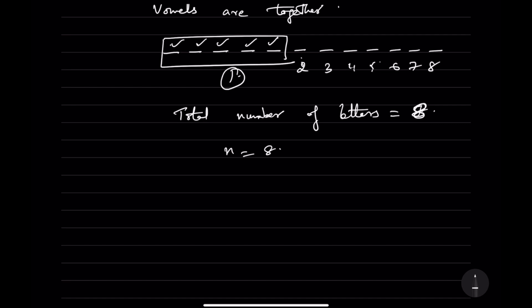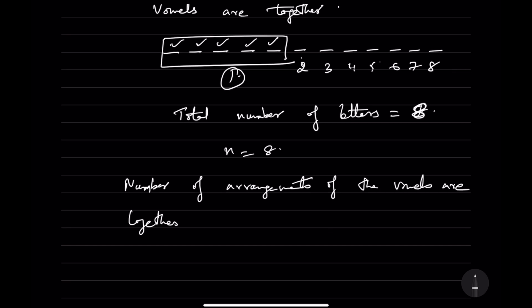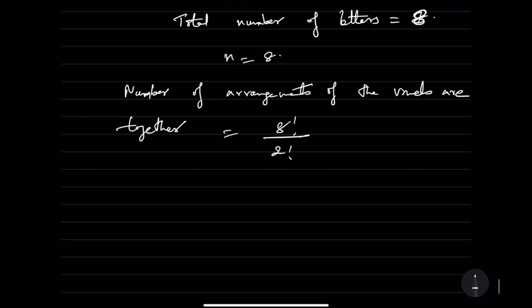The number of arrangements where the vowels are together is equal to 8 factorial divided by 2 factorial, because here T is repeated 2 times.